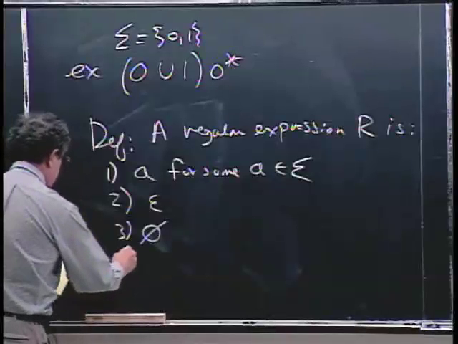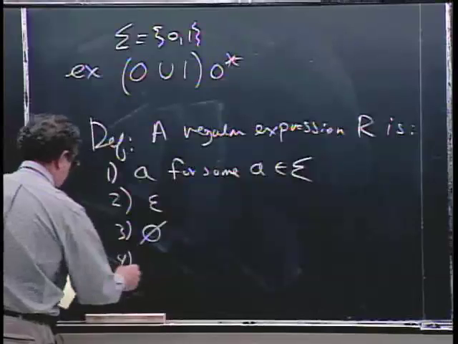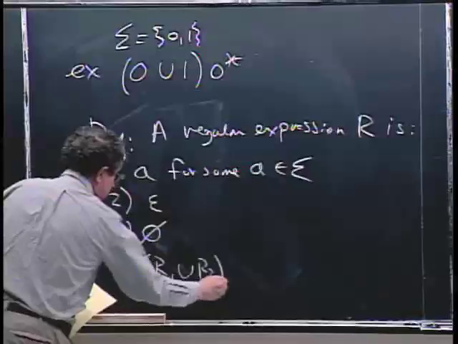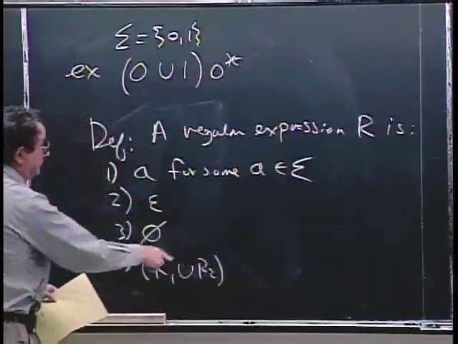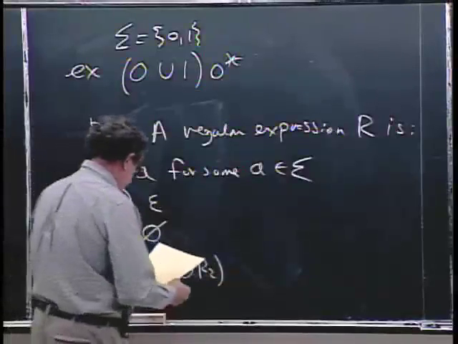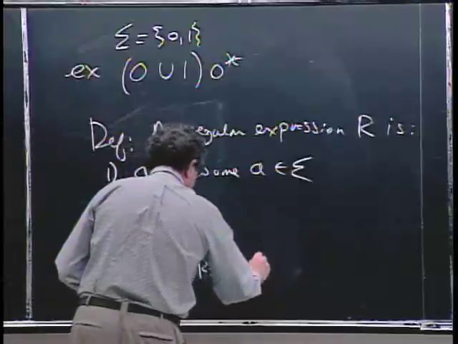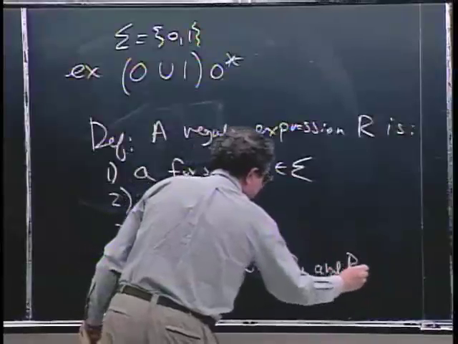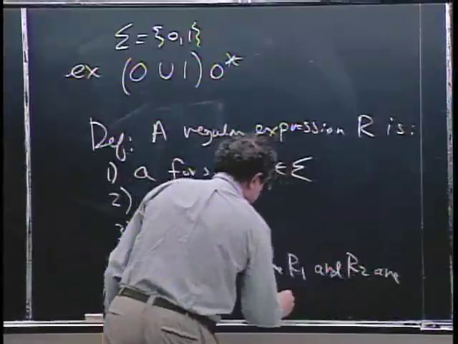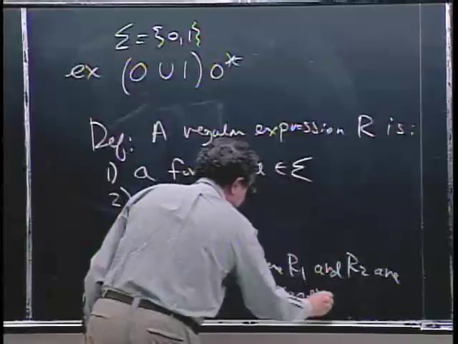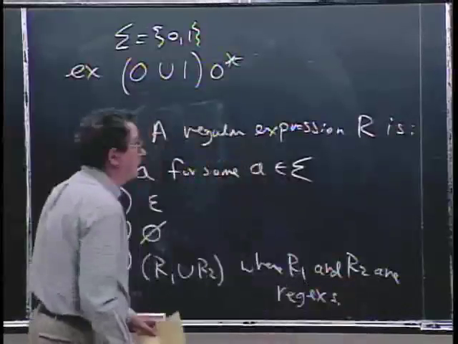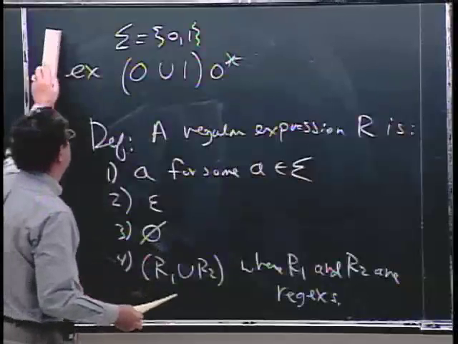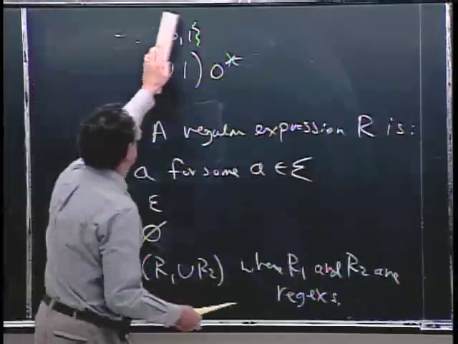Or it's (R1 union R2) with parentheses around them, where R1 and R2 are regular expressions. All right? Unfortunately, I've run out of board space. Let me just go up here.